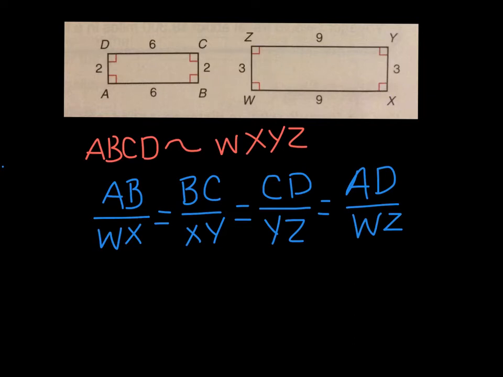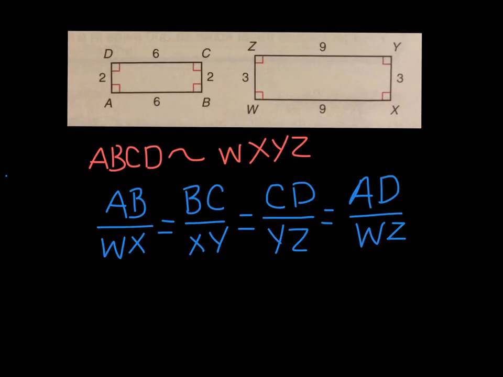So we're going to plug those values in here. So AB, that would be 6 over 9. WX, right here we can see, is 9. So then the BC right here to XY. So we compare this BC, which is 2, to XY, which is 3.